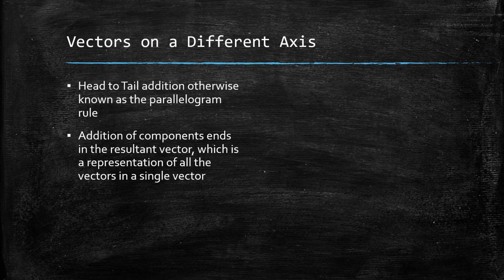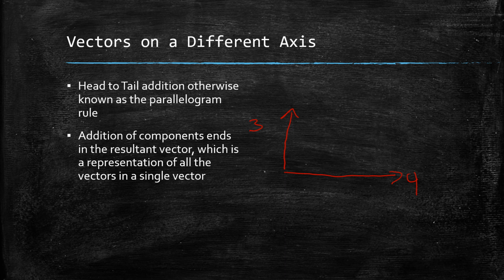Let's say we have a vector going this way, pretend that's straight, and then we have another vector going this way. Let's say this one has a length of 3, and this one has a length of 4. When we talk about head-to-tail addition, all we're really doing is drawing each vector from the end of the other one.